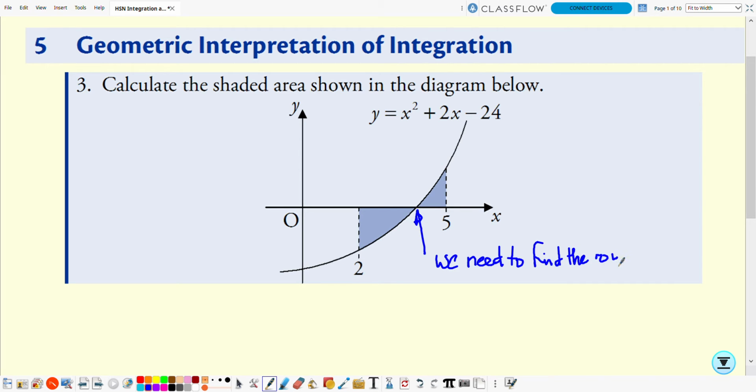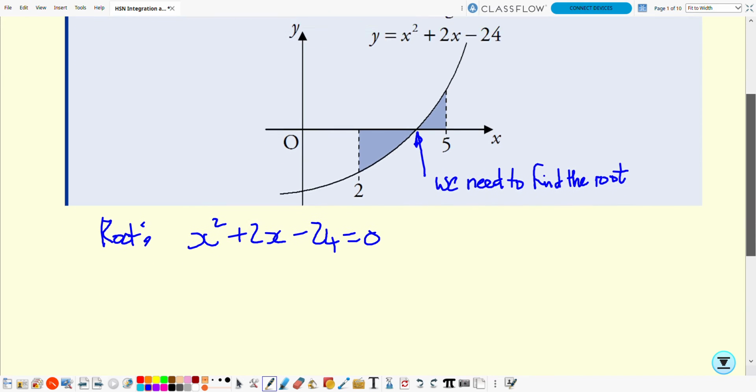So remember, this is a representative, a bit of a parabola. So obviously to find the root, we're going to first of all set this equal to 0. So you're going to have to solve x squared plus 2x minus 24 equal to 0.